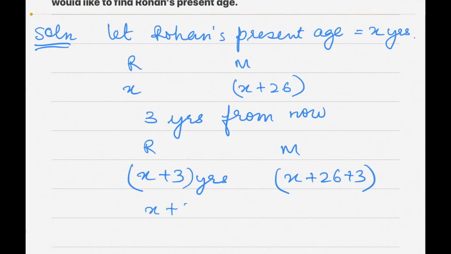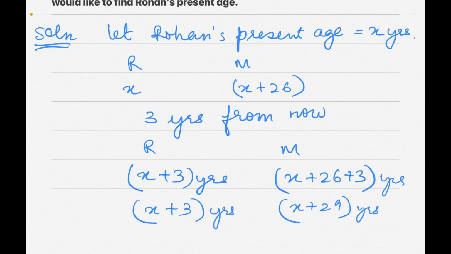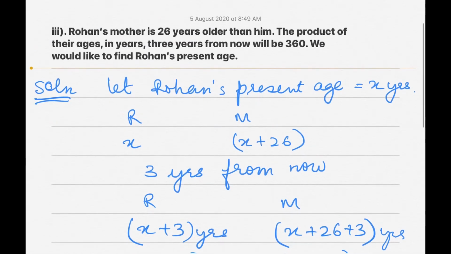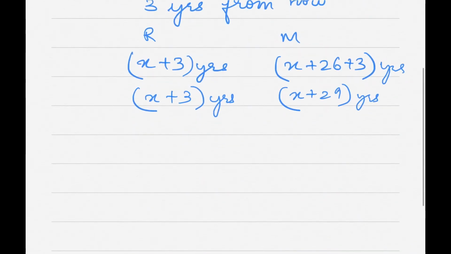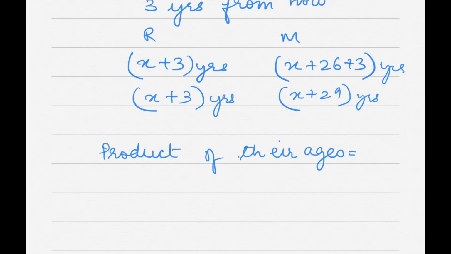Rohan's age after 3 years will be x plus 3 years and mother's age will be x plus 29 years, right? Okay, now they say the product of their ages will be 360.